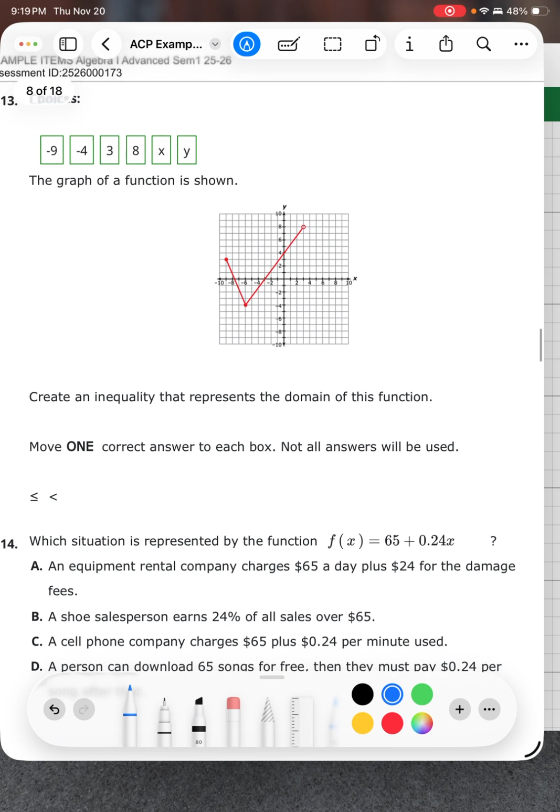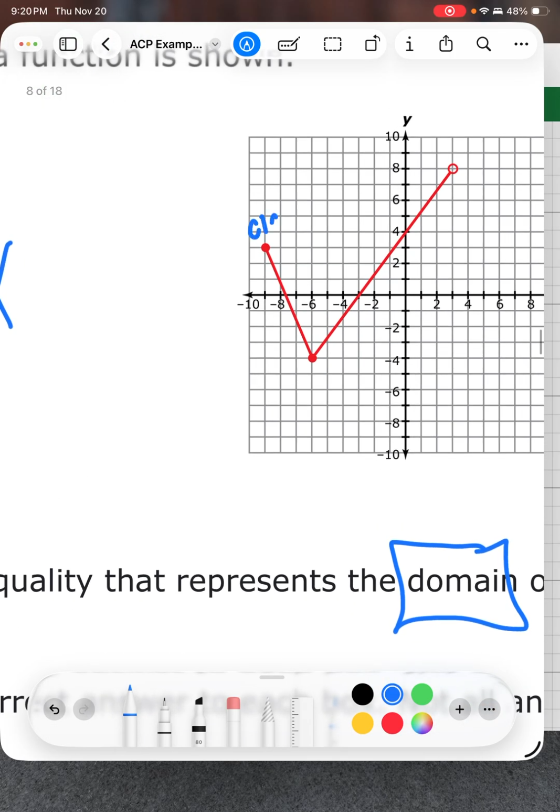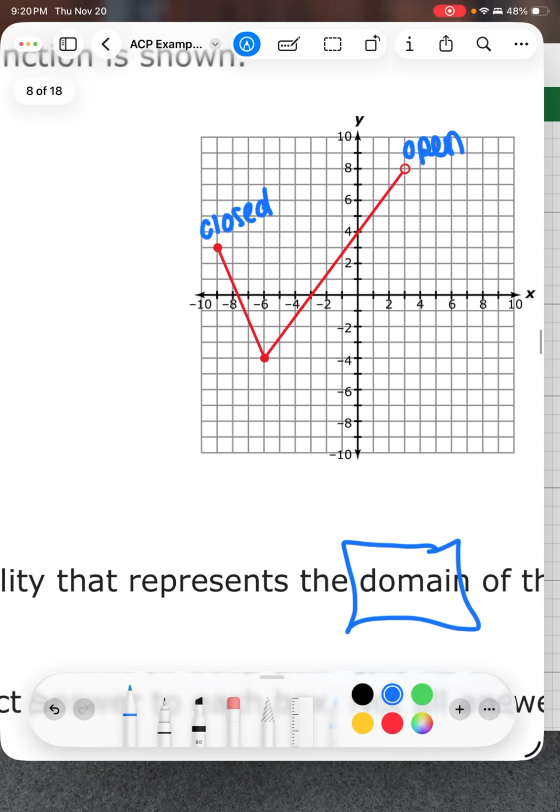This was asking for domain, which are our x values. So remember, when we write domain or range, what always goes in the middle is what you're looking for. And I have a closed circle here, and I have an open circle here. So domain, remember, stands for your x values. So you want to know how far along the x-axis your function travels.